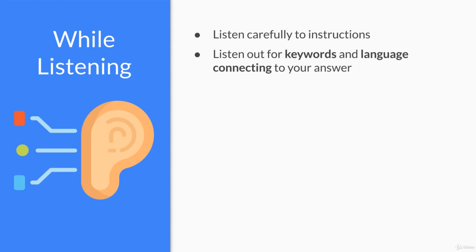So the words that come before and after the blank line are what we call connecting language, because those words are going to give you clues about which answer is going to be the correct fit. So really, the answer has to fit to the question.